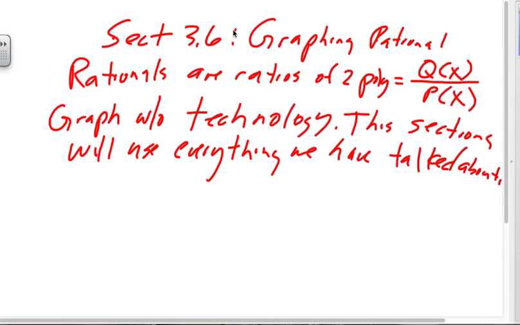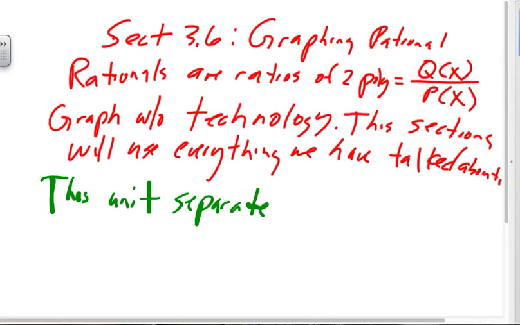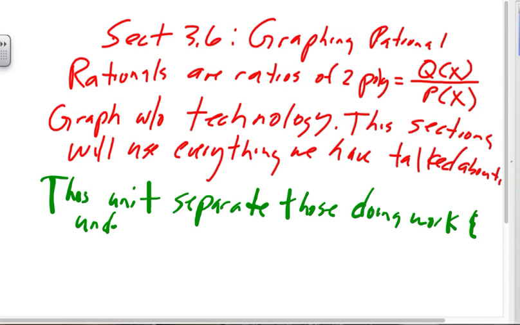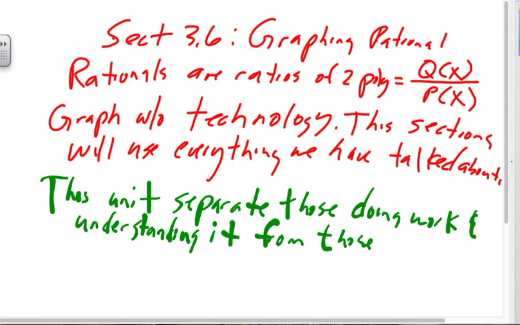And this unit is where I'm going to learn to separate those doing the work and understanding it from those copying from their neighbor, from your partner.